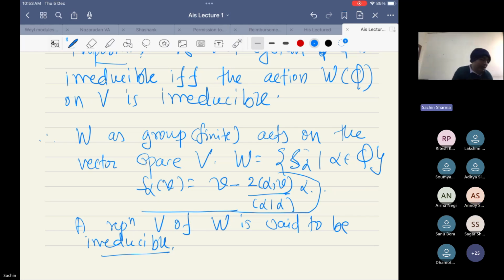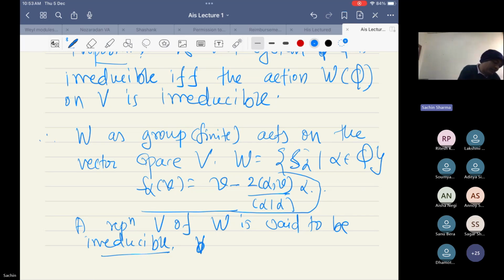Yes, very good. But irreducible is a different ball game. It says that it does not have any proper sub-representation.